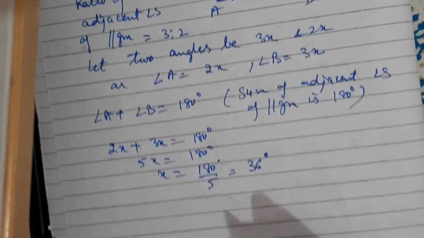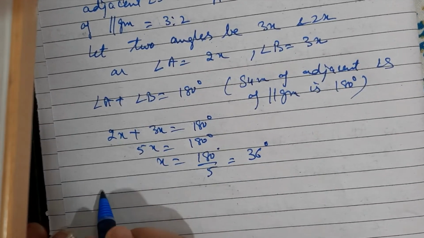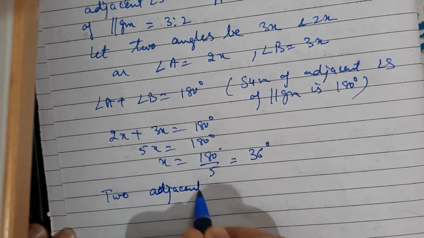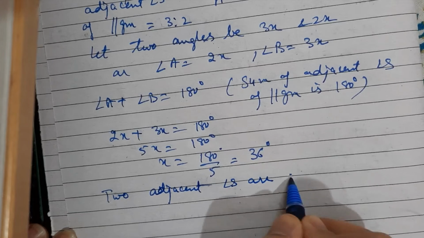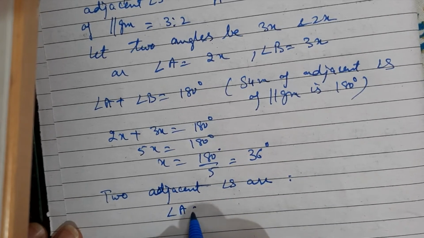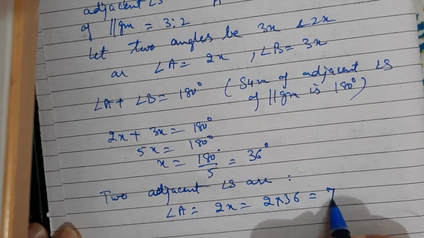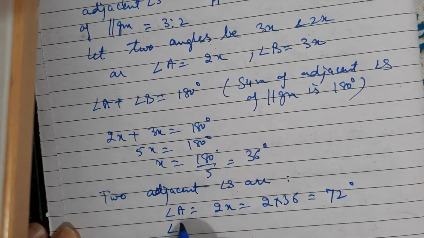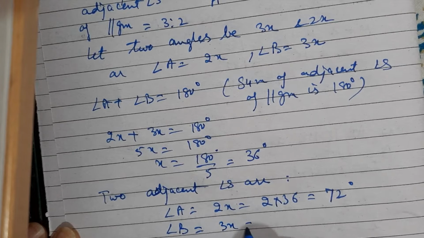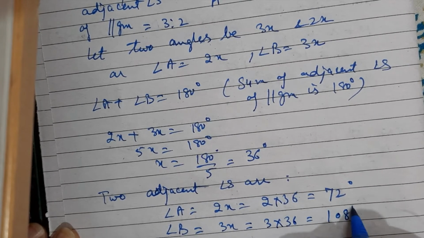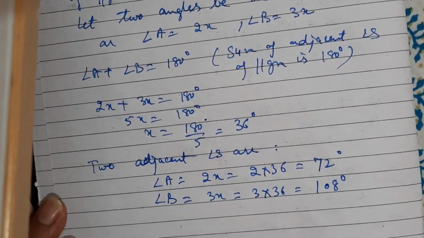So value of x is 36 degrees. The two adjacent angles are first angle A, which is 2x, which means 2 into 36, 72 degrees. Second is angle B, which is 3x, 3 into 36, 108 degrees. So this is the measurement of two angles.